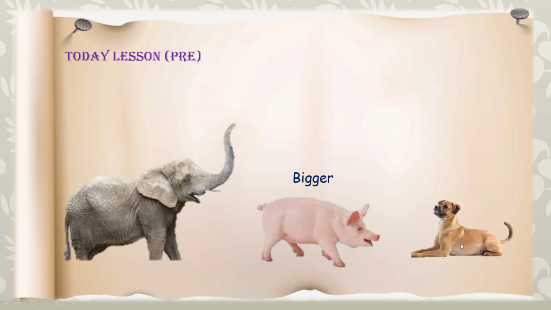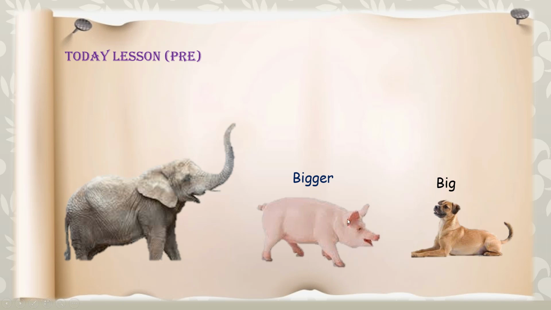Yes, the dog is big, but the pig is bigger than the dog. So if we want to compare these two animals, we say the dog is smaller than the pig, or the pig is bigger than the dog. So we use the comparative adjective when we want to compare two things.